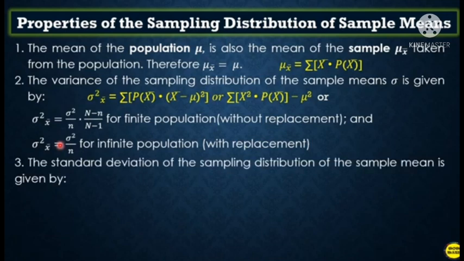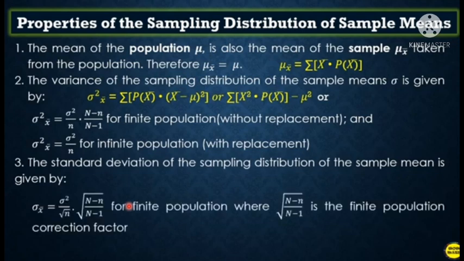And then, for the standard deviation of the sampling distribution of sample mean, diba pag standard deviation, square root lang ng variance. So, pag kukunin natin yung standard deviation ng finite population o yung without replacement, kunin lang natin yung square root nito.